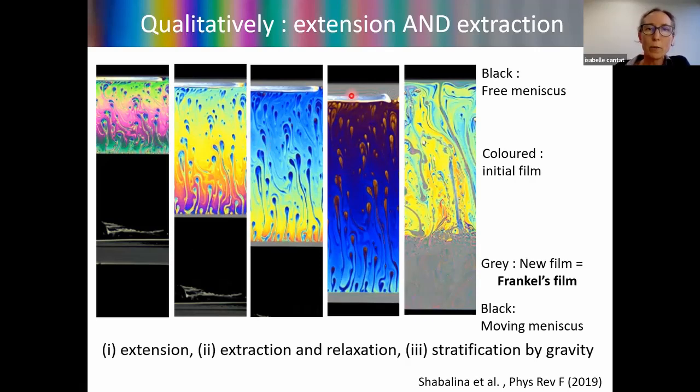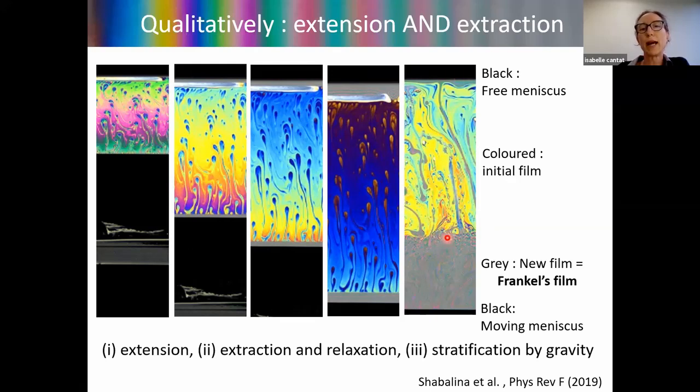And after a while, you begin to see this gray band here that corresponds to a much thicker film that is extracted from the meniscus. And even when the motor stops, this gray band keeps growing, and this relaxes the tension in the initial film.